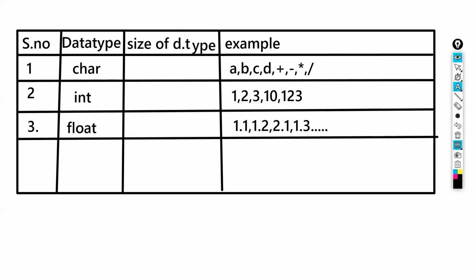So next data type is what? Double, right? For double also I will write like this: 1.1, 2.2, 1.2, 2.1 and 1.3. Now in float also I have written the same, right? The same examples I have shown you for float, and for double also I am showing the same. What is the difference between double and float, Ria?